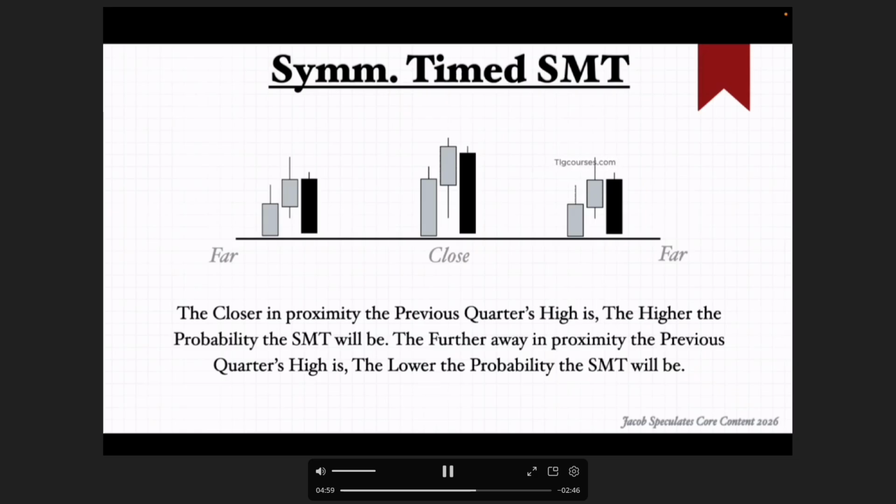If you look at the chart and you see that an SMT has occurred, but the high of the previous quarter on one asset formed way early in the quarter, and on another asset formed extremely late in the quarter, then you know that's an SMT that would have to have a lot of confirmation behind it. But if you're observing the chart and two assets have very closely timed highs in terms of the previous quarter's high or low, then you know it'll be a lot higher probability.